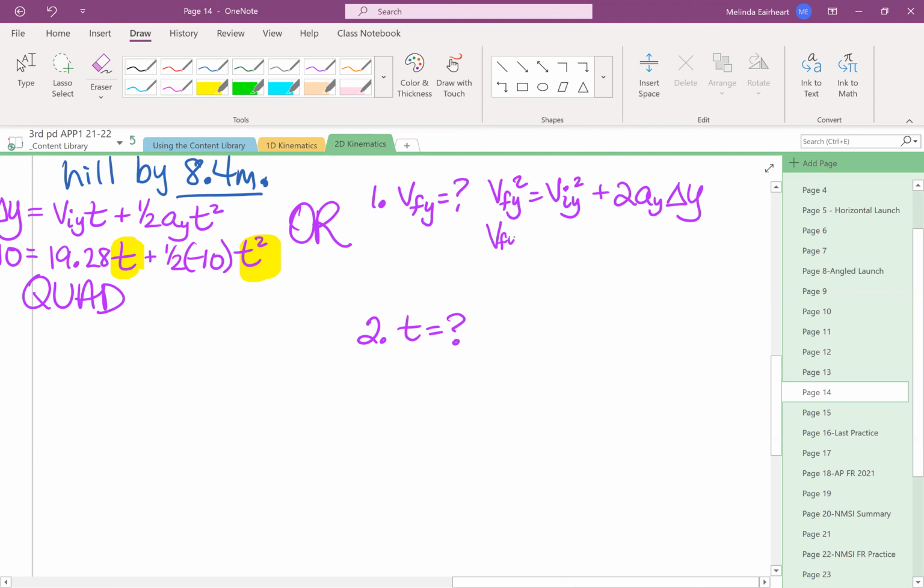We'll square root at the end. And we have 19.28 squared plus 2 times -10. And then your vertical displacement is positive. So notice you'll be subtracting 200 from whatever that 19.28 squared is. So punch it in and then give me the answer after you do the final square root.